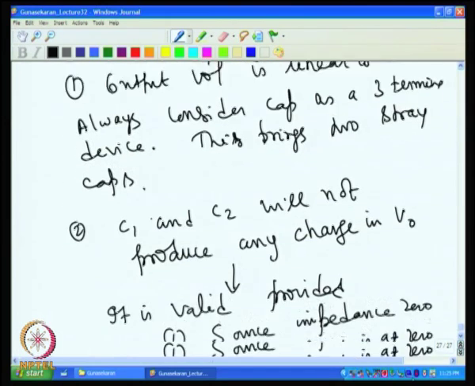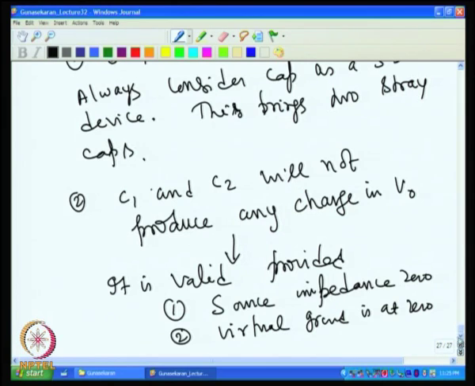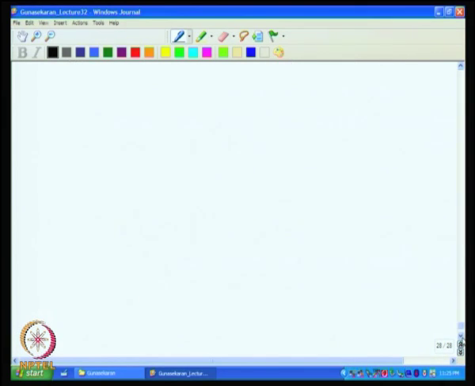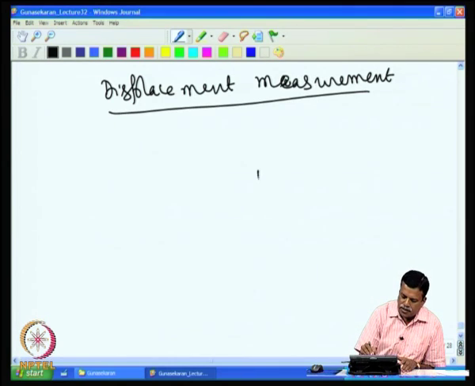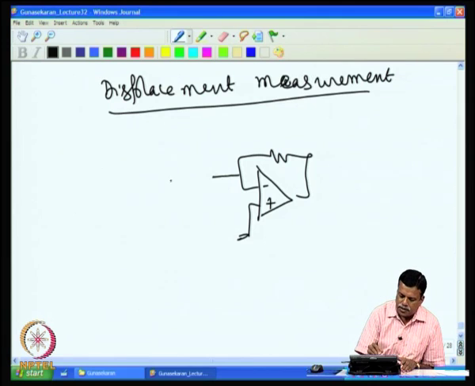Now, if I use this capacitor for displacement measurement, what are the issues that we will encounter? If we take a displacement measurement, we will be using this capacitance here, and on the other side we will be connecting the source of voltage V, and then we will be moving the distance.